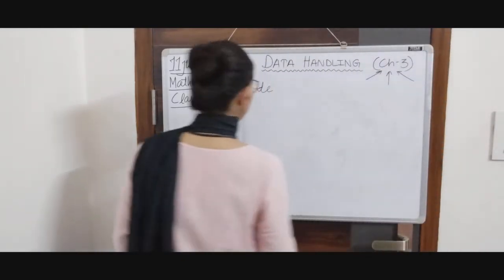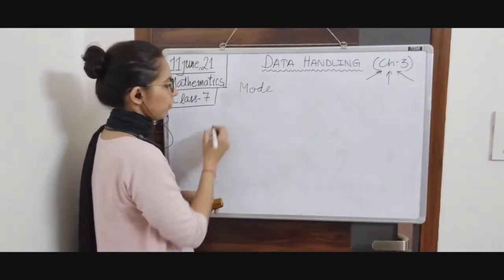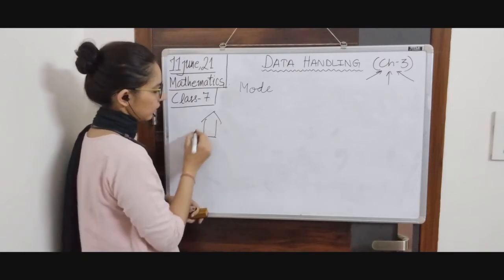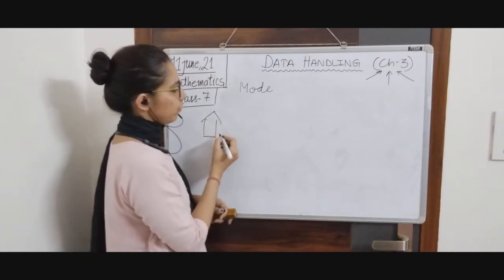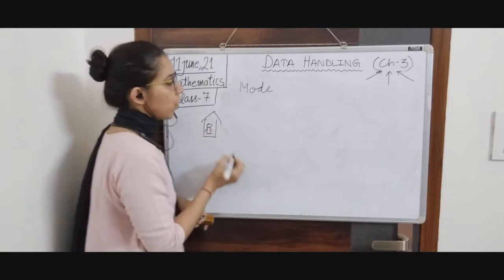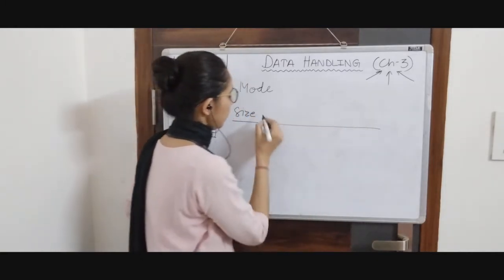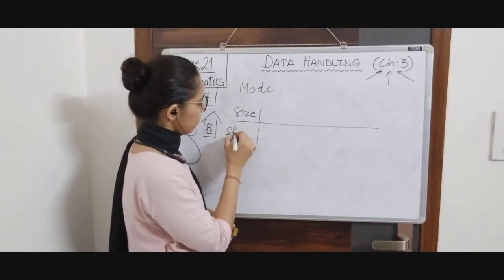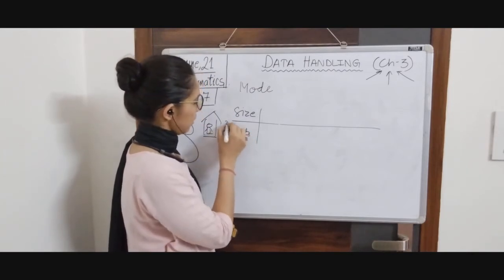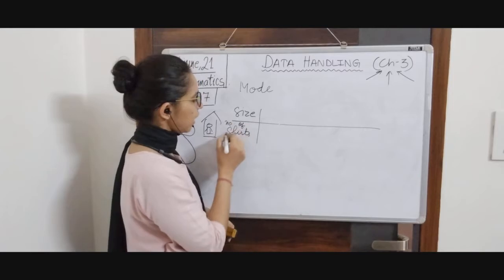Suppose we have a shopkeeper who has 5 different types of shirts. This is size and number of shirts.